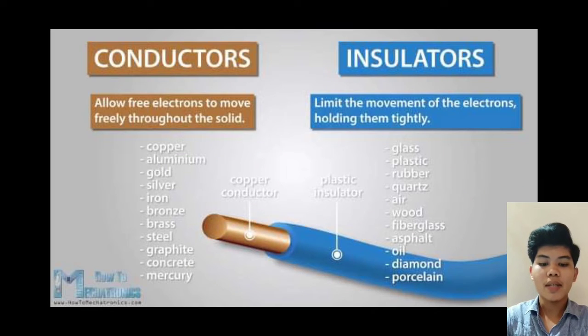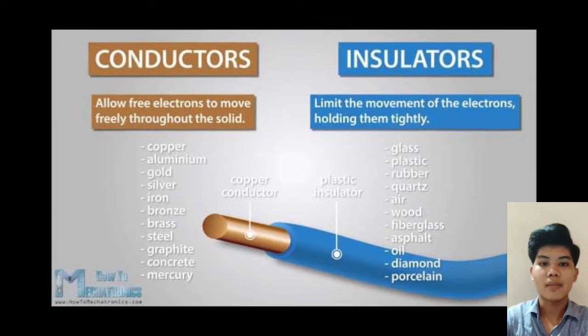Materials can be conductors or insulators. Conductors, like most metals, allow free electrons to move freely throughout the solid, while insulators like plastic or glass limit the movement of the electrons, holding them tightly.